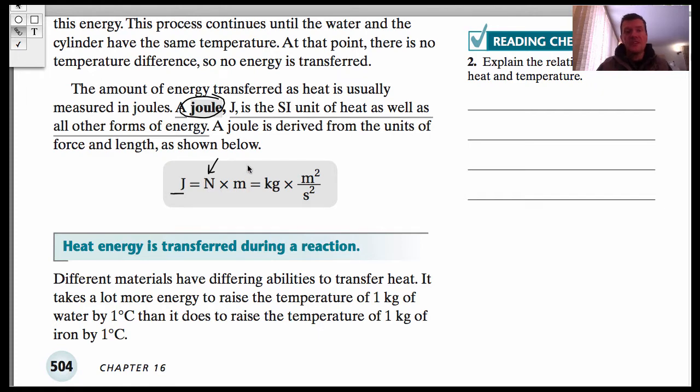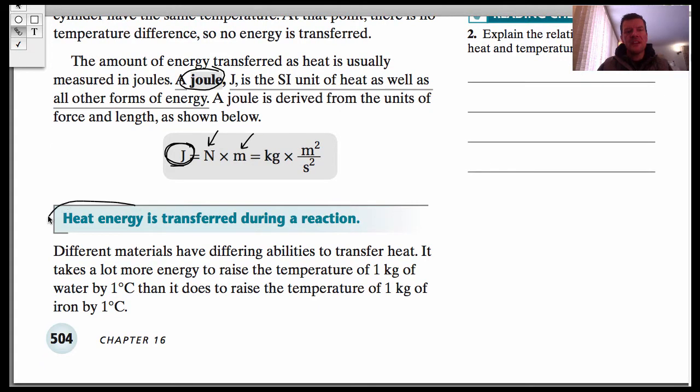Okay, force, and then meter here is distance, so it's what force is exerted over what distance. And that may sound kind of odd when we're talking about chemical reactions, but that's what's happening. This energy here, the joules, that is a certain amount of energy that's being transferred during a chemical reaction. Okay?